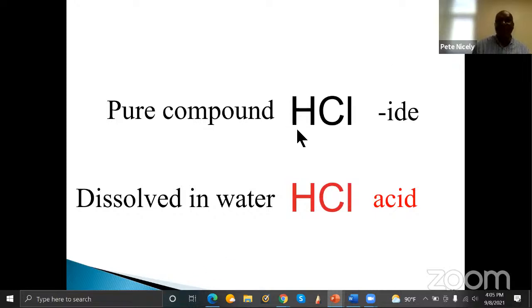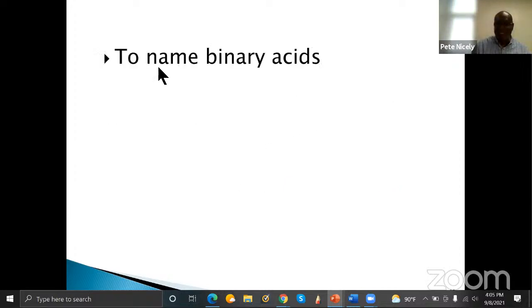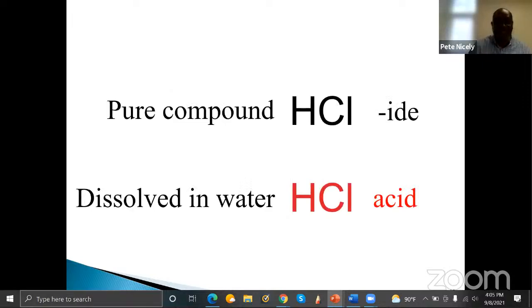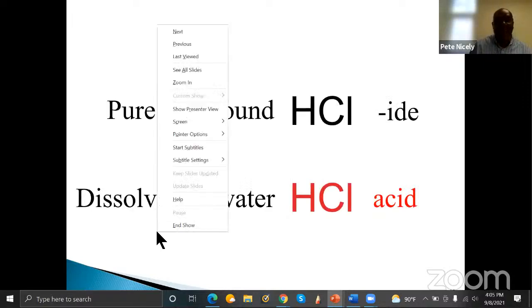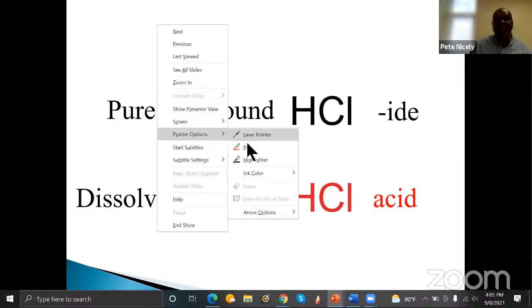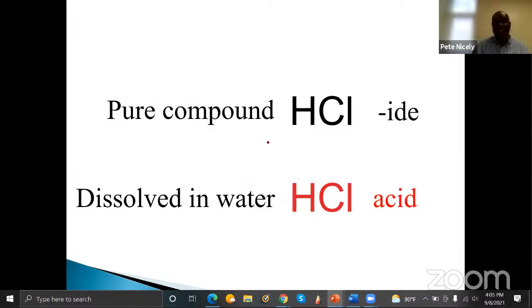In the case of this compound here, by itself, before you add it to water, this is called hydrogen chloride. I was hoping that I'd be able to write on the screen here, but apparently, let me see here. Oh, okay, pen. All right, so the name of this compound, before adding it to water, is called hydrogen chloride, all right?